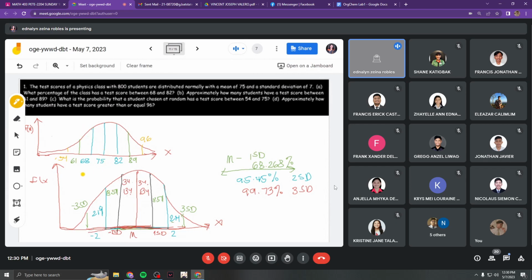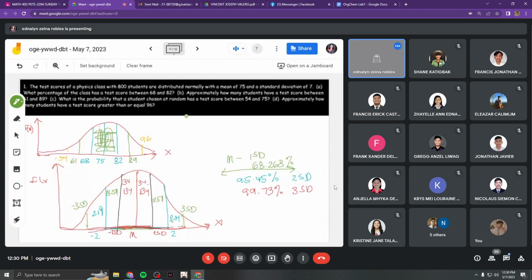And the question is, what percentage of the class has a test score between 68 to 82? Meaning to say, this is the unknown. Ito yung pinapahanap sa atin. Ano daw yung percentage ng class?